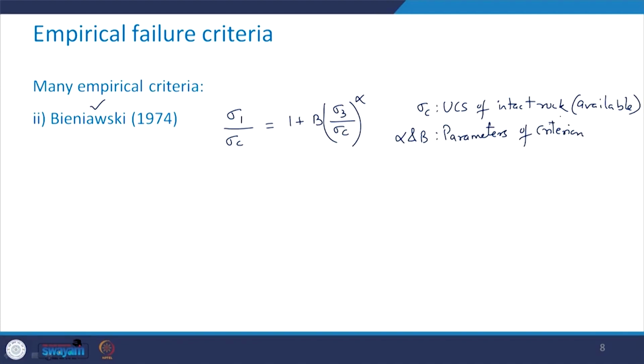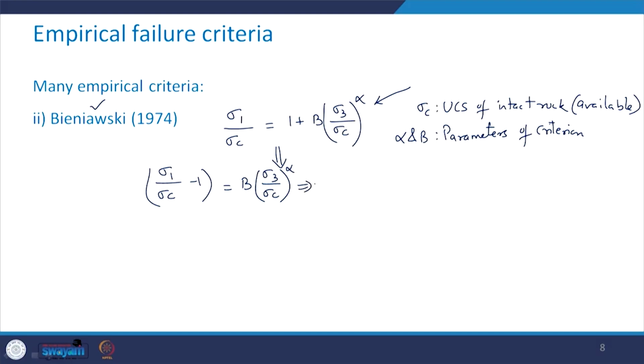So again this is a non-linear equation. What to do with this? So again we will have some kind of mathematical jugglery. Take a look how. That is sigma 1 upon sigma c minus 1 equal to b sigma 3 upon sigma c to the power alpha.